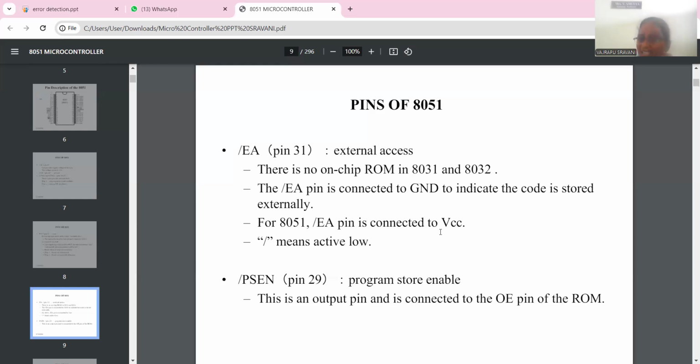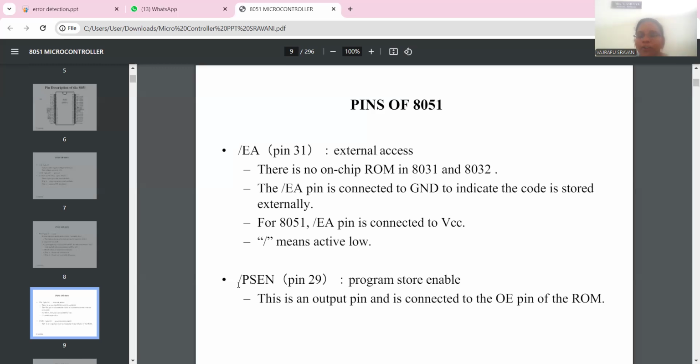Whenever EA bar is 1, it chooses internal memory from 0000H to 0FFFH, but after that it can also operate for external access. If EA bar is 0, then it only accesses external ROM and RAM for reading and writing data.